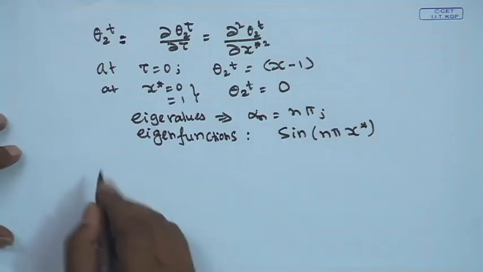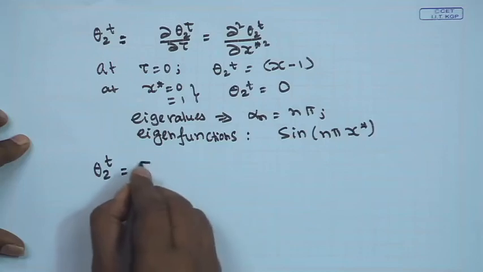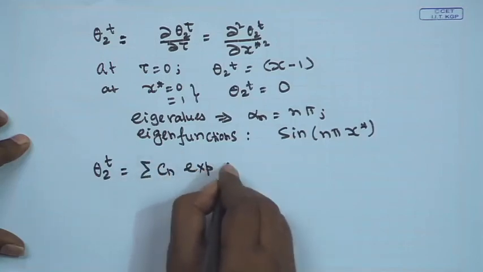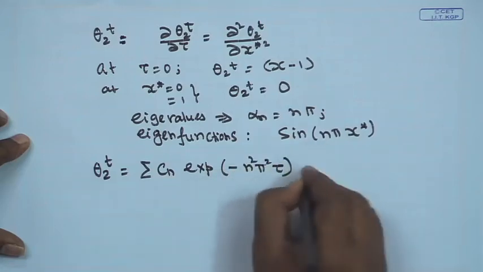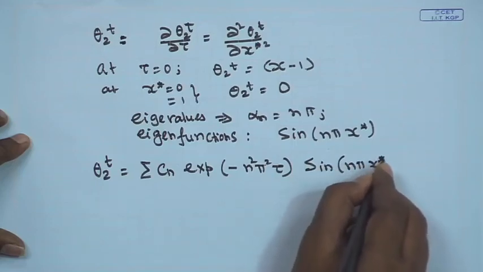So the final solution for theta 2t will be the summation of Cn exponential minus n square pi square tau sine n pi x star.